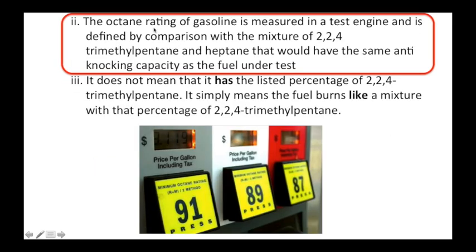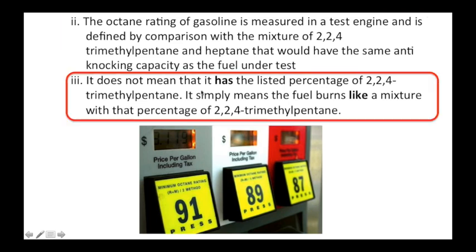So the octane rating of gasoline is measured in a test engine and is defined by comparison with the mixture of 2,2,4-trimethylpentane and heptane that would have the same anti-knocking capacity as the fuel under test. So we compare the molecules in gasoline to 2,2,4-trimethylpentane. Now, it does not mean it has 2,2,4-trimethylpentane in it, it simply means it burns like it.